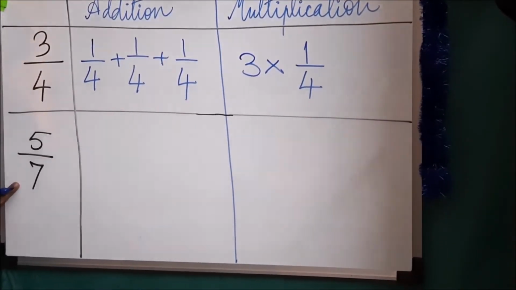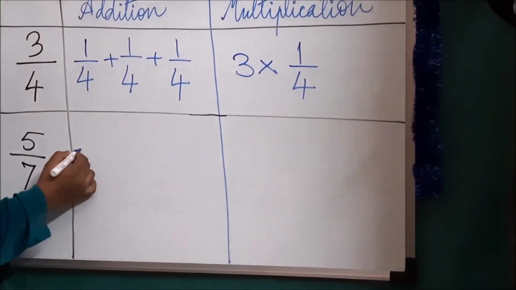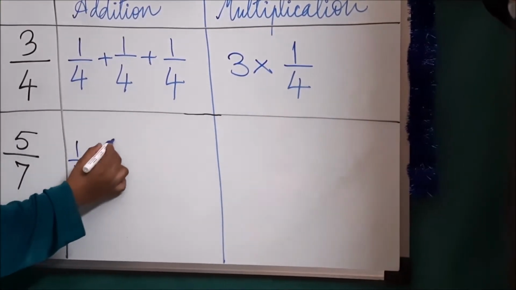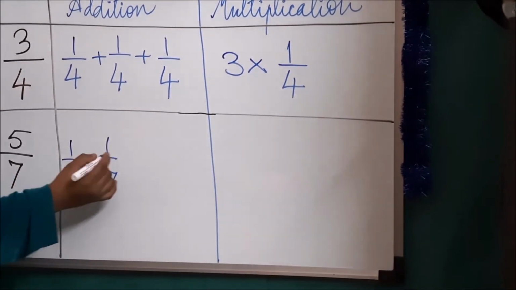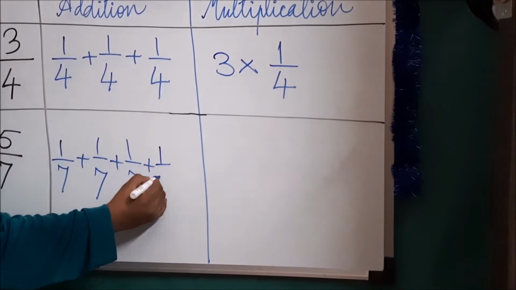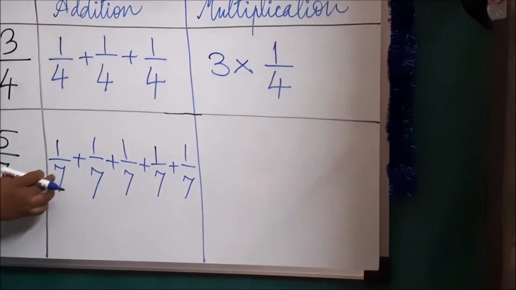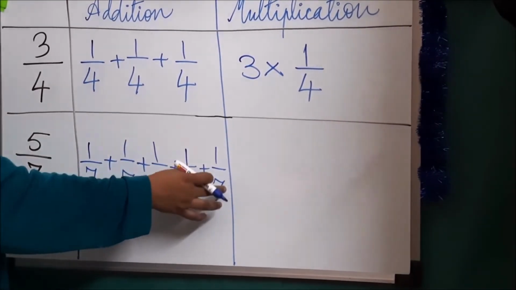5 upon 7. Okay, so there are 5 tukdas out of 7. So I'll have to make 5 tukdas. 1 upon 7 plus 1 upon 7, and so on, 5 times: 1 time, 2 times, 3 times, 4 times, and 5 times. I took those 5 tukdas: 1 tukda, 2 tukda, 3 tukda, 4 tukda, and 5 tukda.